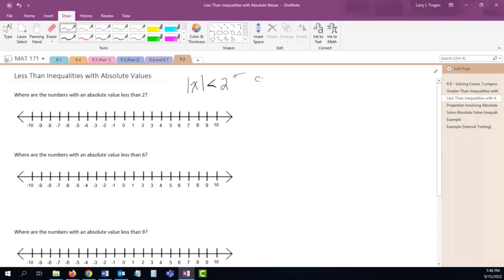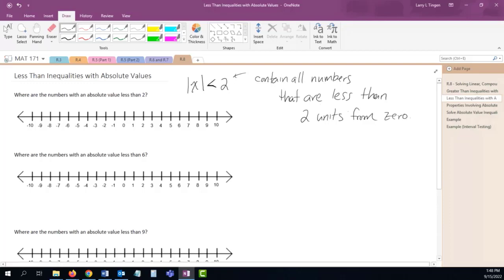So this should contain all real numbers that are less than 2 units from 0.